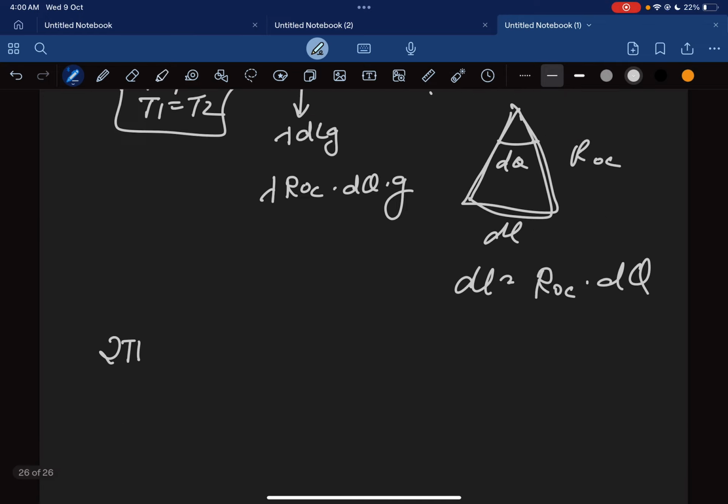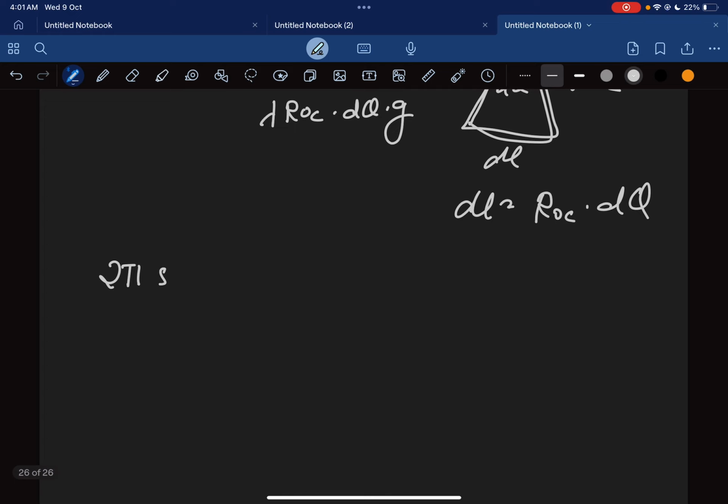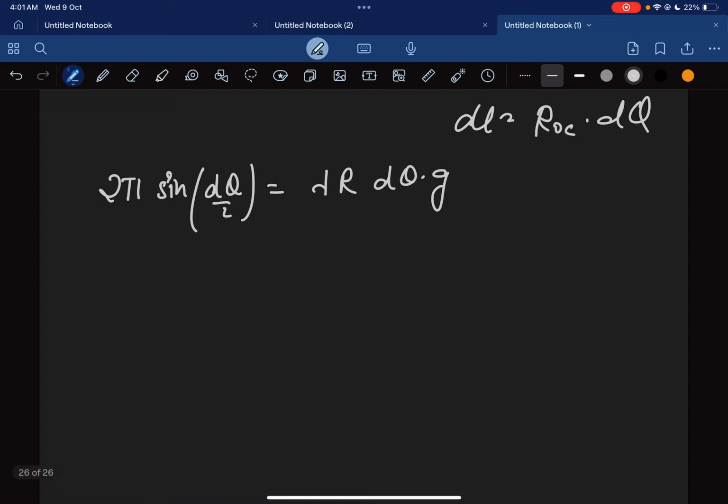So 2 T1 sine d theta by 2 equals lambda R d theta g. Now we know that the angle inside the sine function is very small, so I can write T1 d theta equals lambda R d theta g.